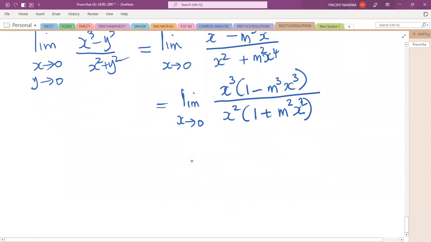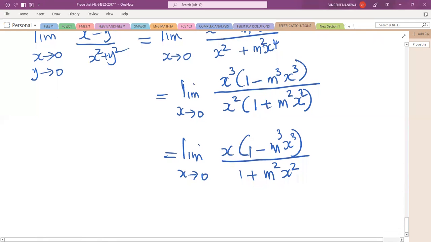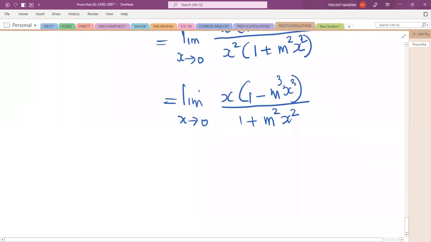Now, by cancellation, we'll have the limit as x approaches 0 of x into 1 minus m cubed x cubed divided by 1 plus m squared x squared. Direct substitution will give the numerator to be 0 because I'm multiplying x by this bracket.